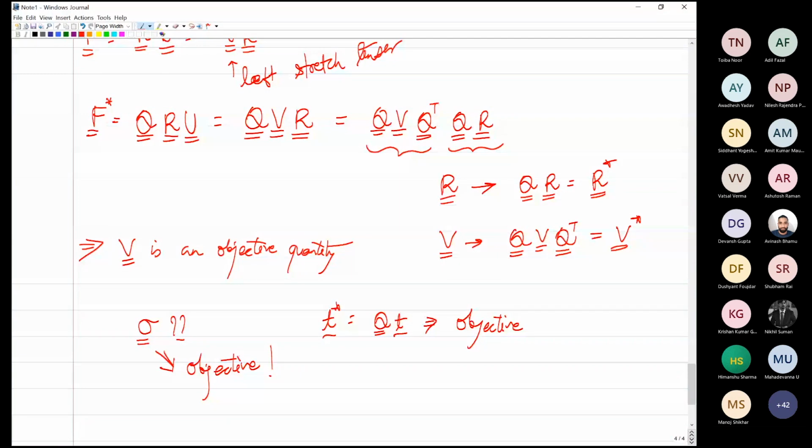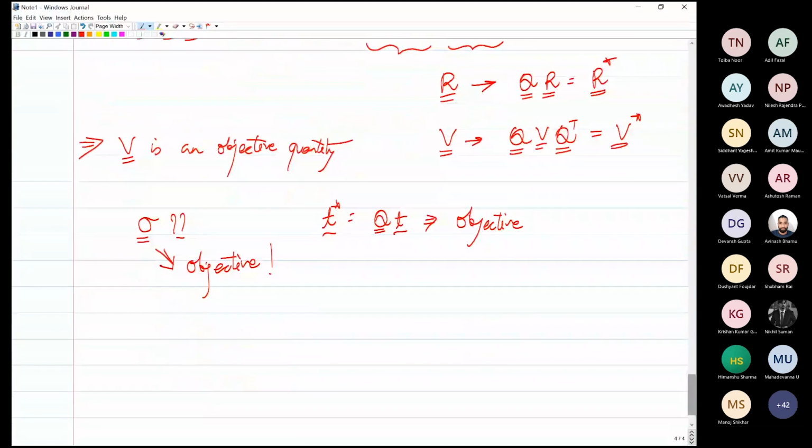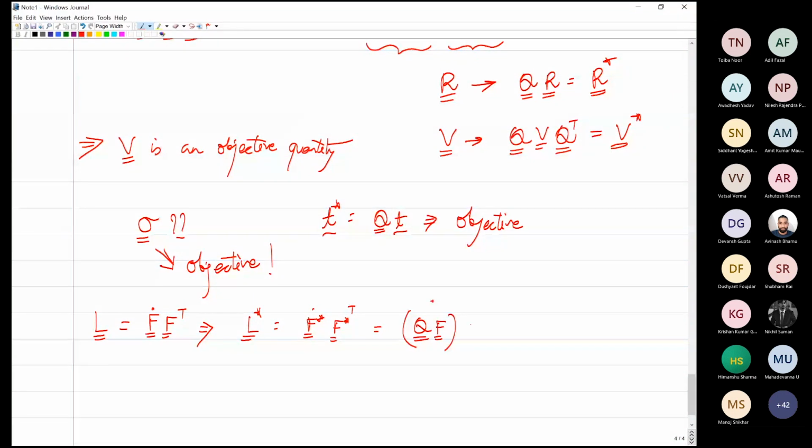Okay. What about, for example, L, which is F dot F inverse? So that implies L star is then F star dot into F star inverse, and F star is Q times F, whole dot, into QF inverse.